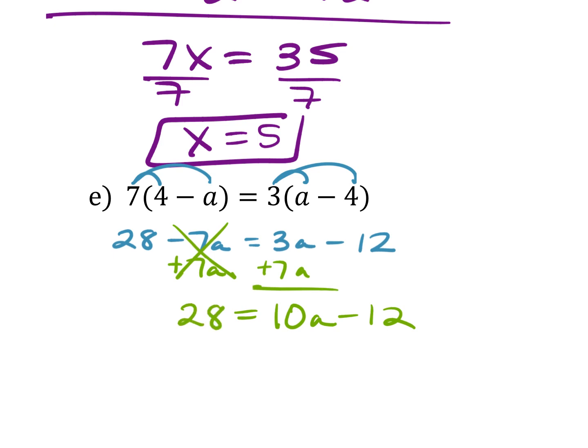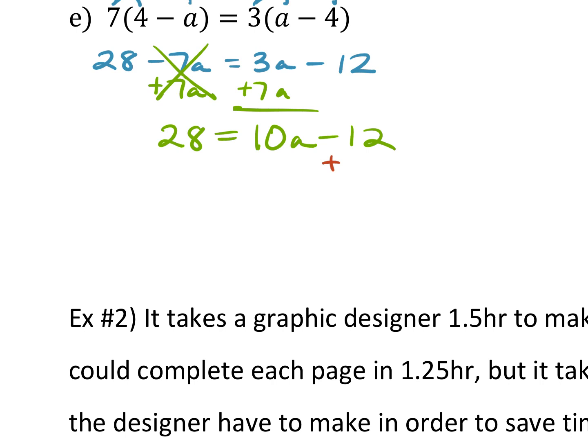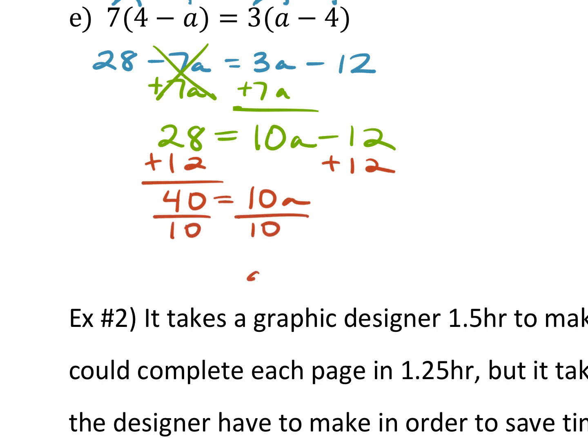You have 28 on the left. What's your next move? Add the 12. So you get 40 equals 10a, and then divide by 10. So A is 4. Isn't it 30? No, 28 plus 12. Got to carry the 1.